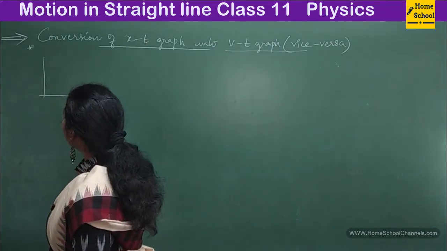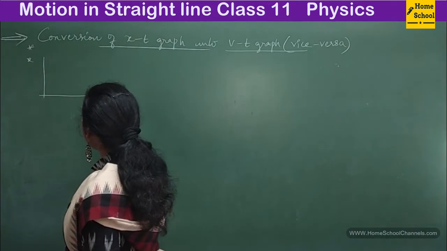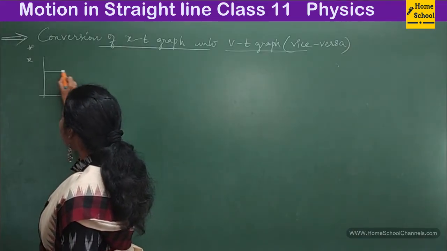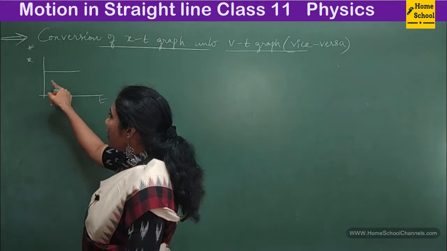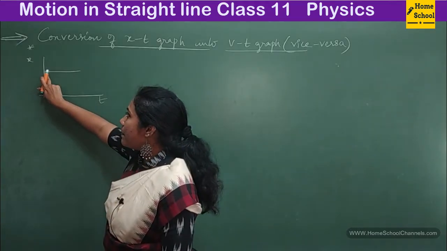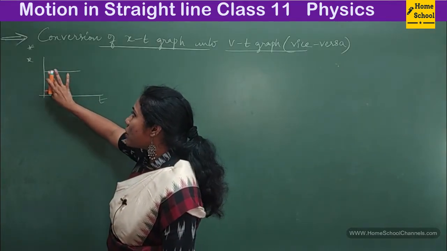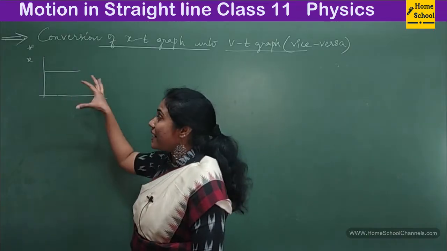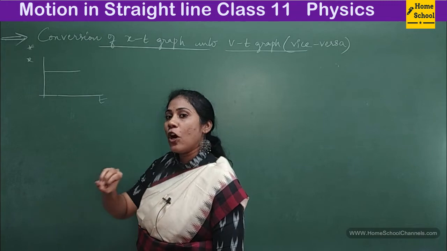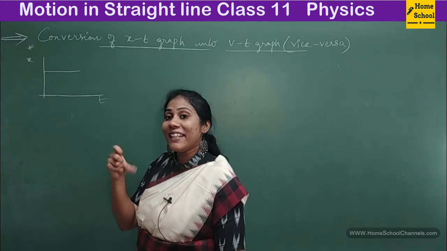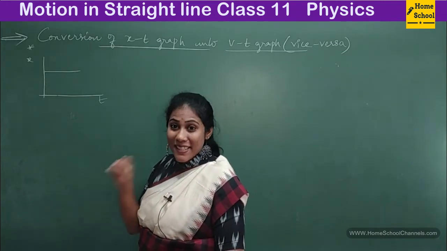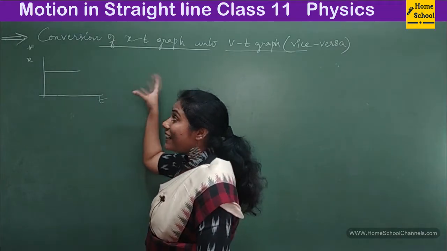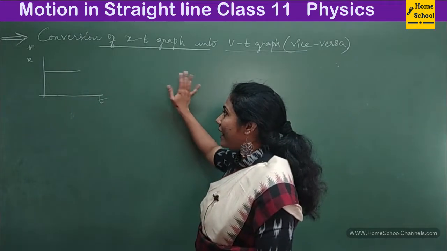Suppose I'll give you an XT graph. Your XT graph looks something like this. So what do you mean by this? In this XT graph, see, position is constant. That means the object is at rest. So when the object is at rest, what does this mean? The object is not having any motion, so its velocity is 0. So for this graph, you will not get any VT graph. You can't plot any VT graph.